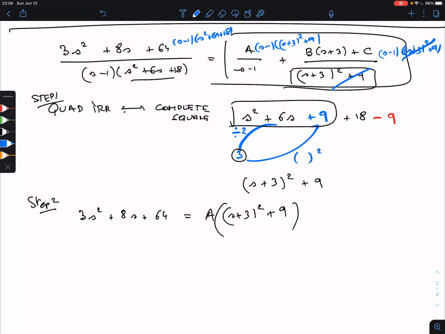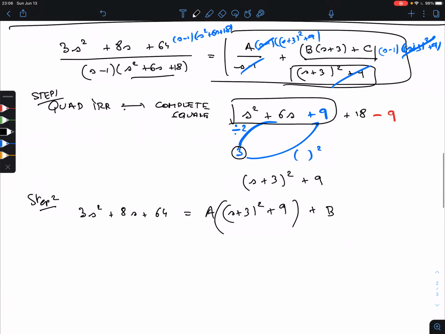Here these two cancel, and here these two cancel. So what we have left is b times s plus 3 plus c times s minus 1. Now be careful, it's this whole thing, the whole numerator. So it is b times s plus 3 plus c between parentheses, multiplied with s minus 1 also between parentheses, because we will not expand this, but it is a product of two sums, so we have to have parentheses there.